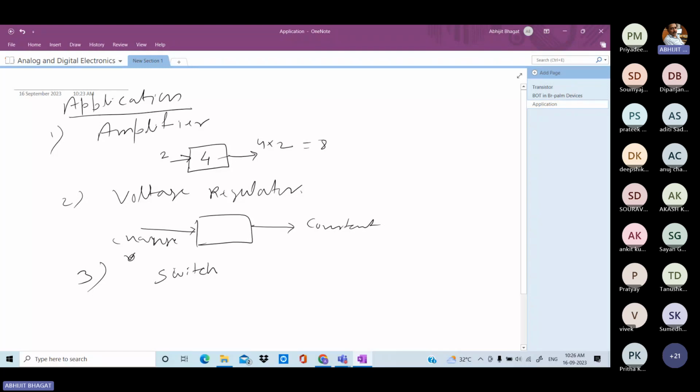Next is this BJT transistor. Up to this, okay? Anyone? Any doubt?